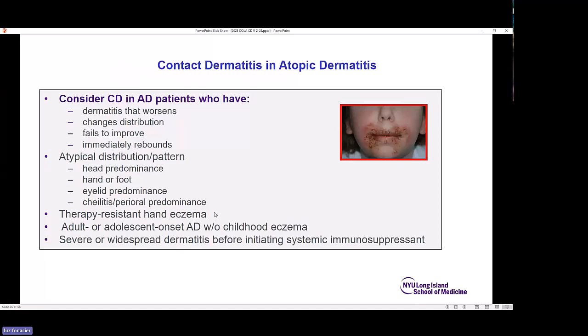I would consider patch testing sooner in atopic patients who have head predominance, hand and feet, eyelid predominance, and lip or perioral predominance. Treatment-resistant hand eczema, adult or adult onset atopic dermatitis, or severe and widespread dermatitis before initiating systemic immunosuppressants.